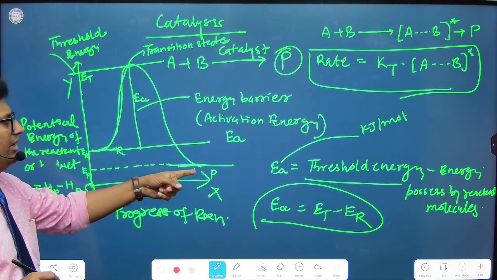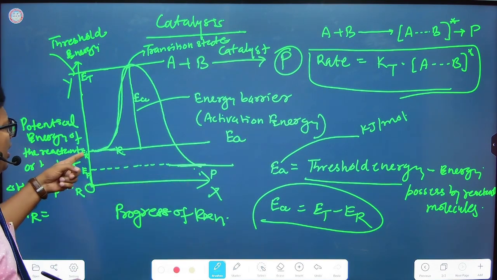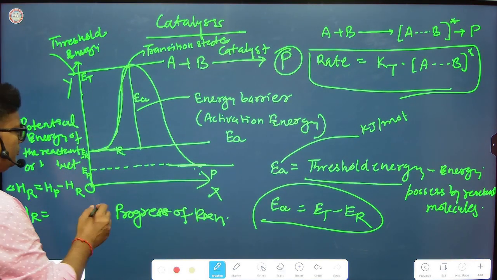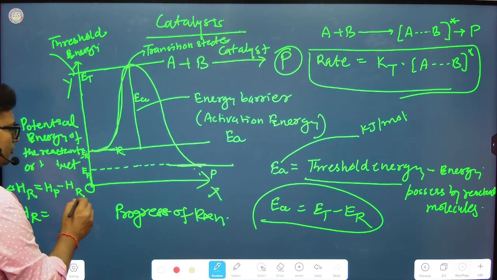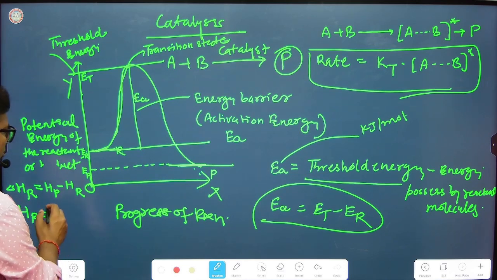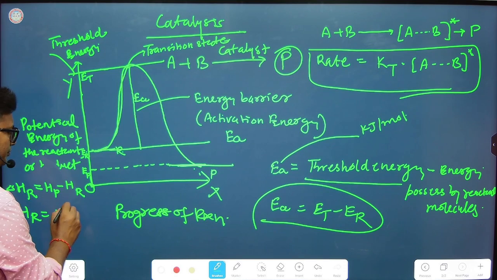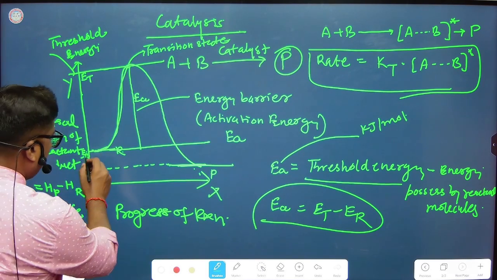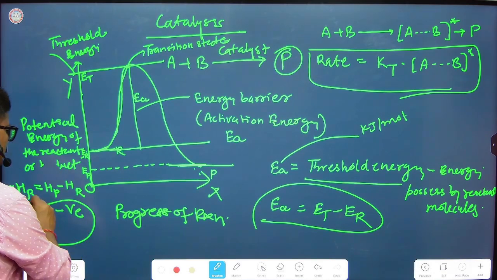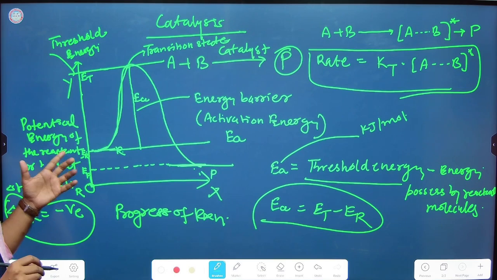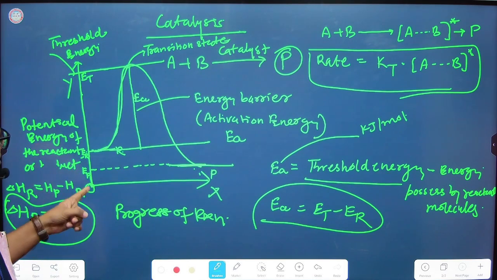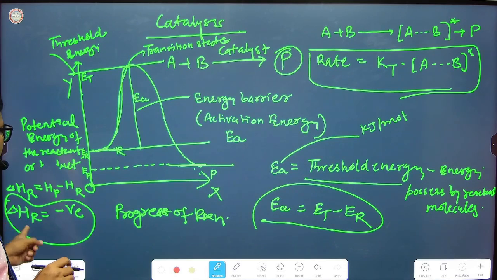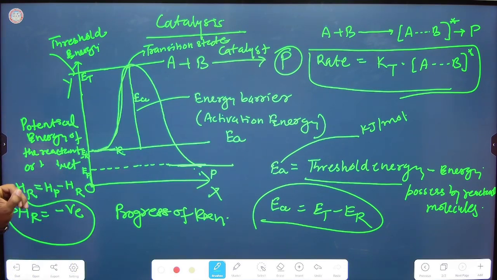It means HP is lower and HR is upper. So overall, the final equation looks like that. So this will actually be negative, right? So this is negative. It means this reaction undergoes conversion into products through the release of heat or energy. Because the change in enthalpy of this particular reaction is negative, right?